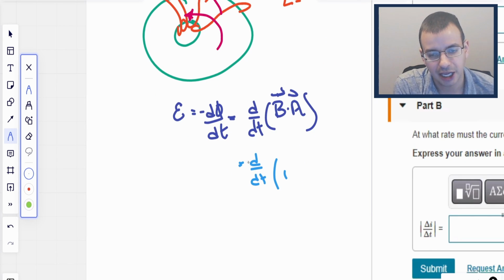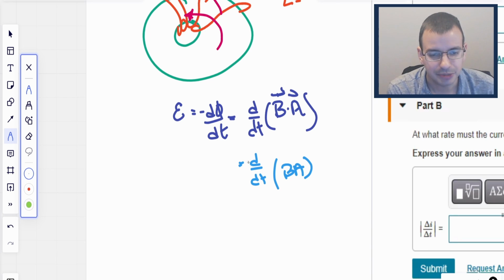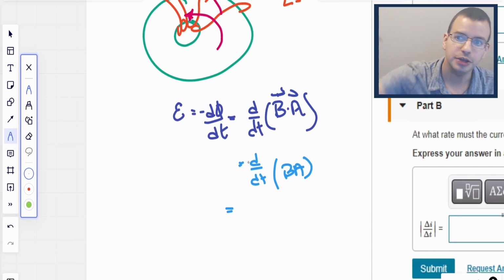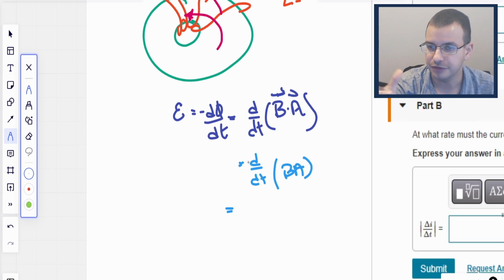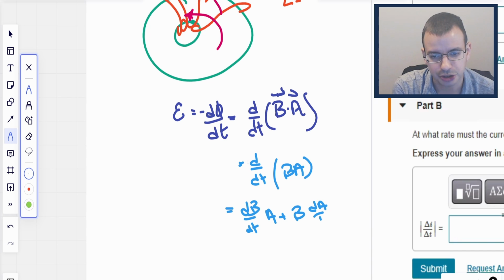So I am going to simplify this to the derivative with respect to time of magnetic field times area. That almost always happens that way. Sometimes it doesn't, but usually it does. Then we have the derivative of two variables, so we do the product rule: dB/dt times area plus magnetic field times change in area with respect to time.